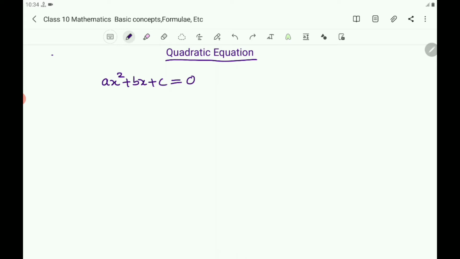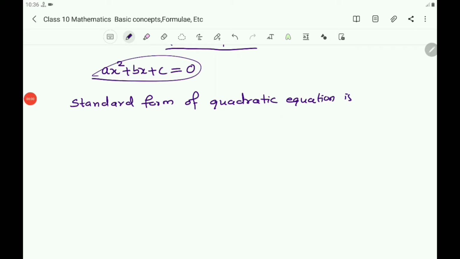And what is the standard form of the quadratic equation? The standard form of quadratic equation is ax square plus bx plus c equals 0.